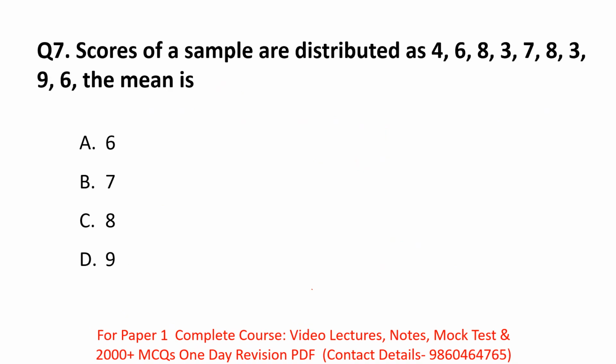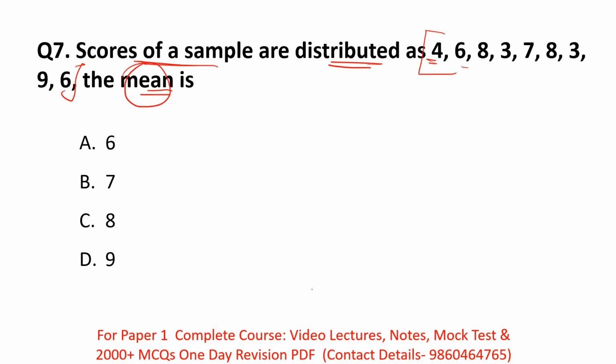Next. Scores of a sample are distributed as 4, 6, 8, 3, 7, 8, 3, 9, 6. The mean is. So in this question, they have given us scores of a sample, and we have to find the mean.